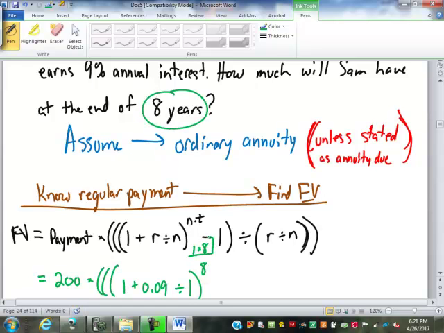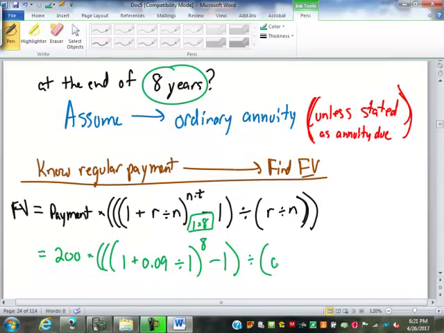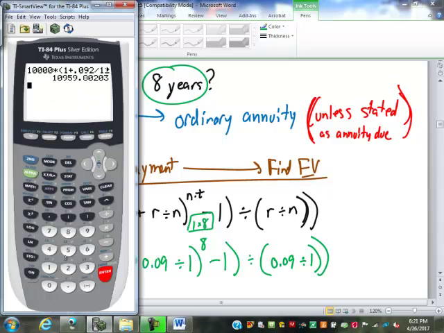Once a year times 8 years. So 8, minus 1, close parentheses, divided by, open parentheses, 0.09 divided by 1. Close parentheses and close parentheses again.